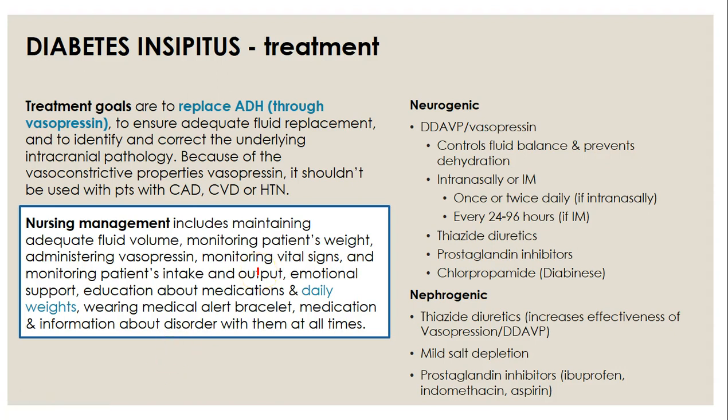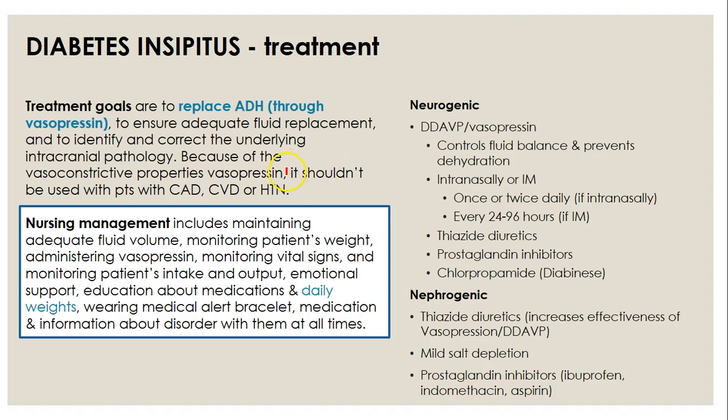Treatment is to replace the ADH through vasopressin, which is a synthetic form of ADH. You also want to ensure adequate fluid replacement and identify any underlying etiologies if possible.